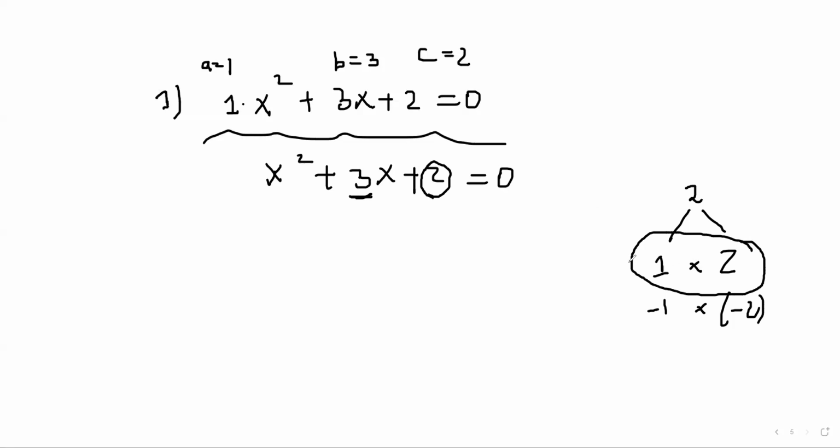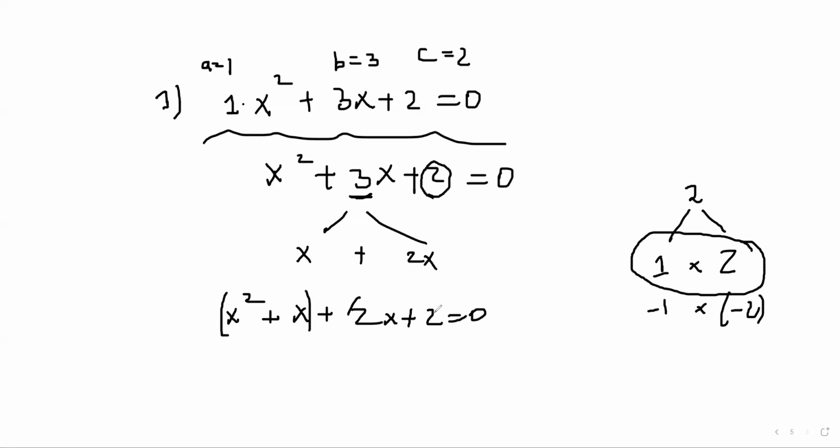So in this case, what happens? This 3, we are going to expand in two parts. So we write x plus 2x. We divide the 3 into 2 parts: x represents 1, 2x represents 2. So what we get is x squared plus x plus 2x plus 2 equals 0. Now we can group.